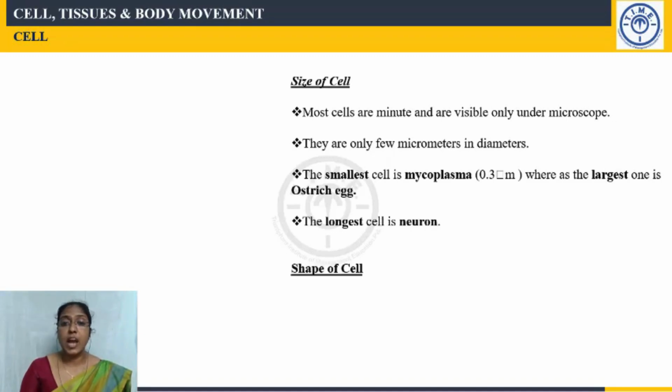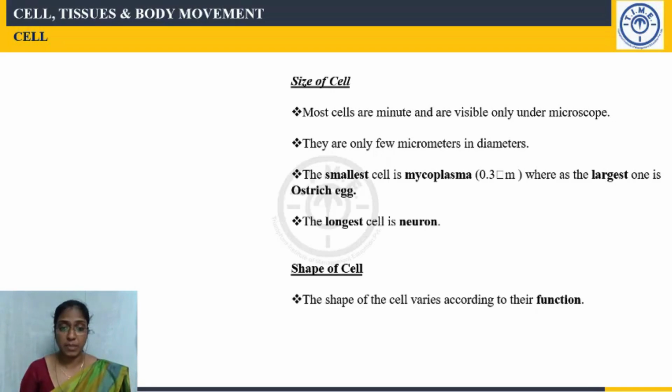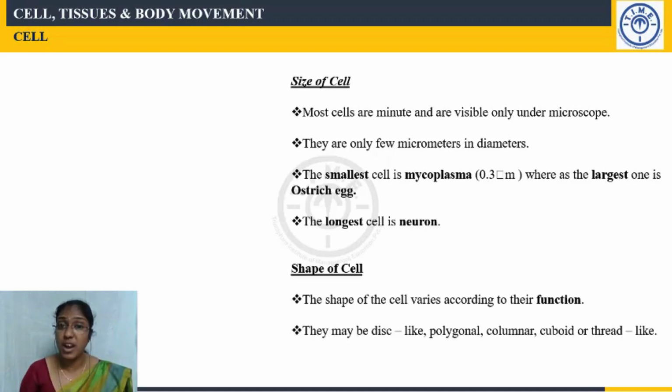Then coming to the shape of a cell. Depending upon the function of a cell, the shape of the cell may vary. So there are different types of cells based upon their shapes. What all shapes can they possess?